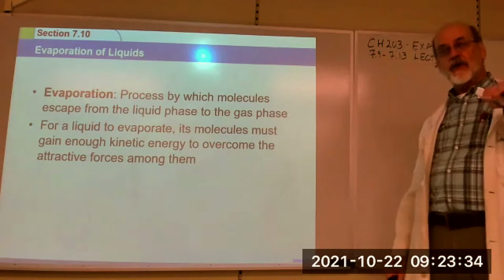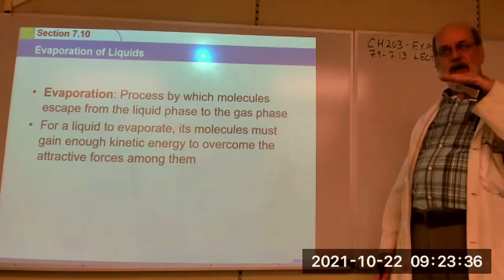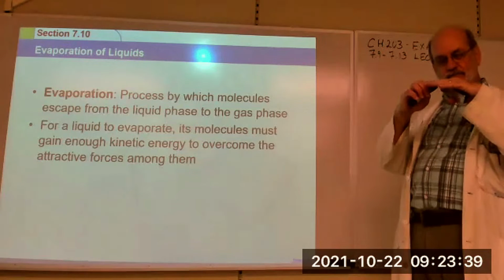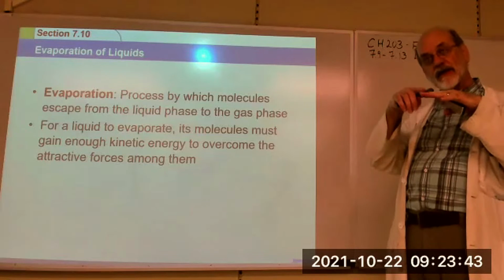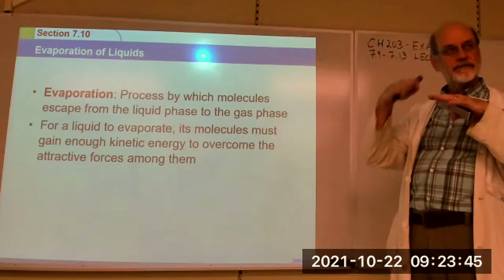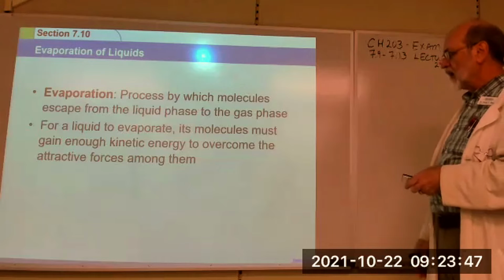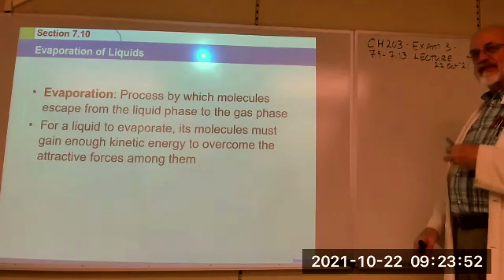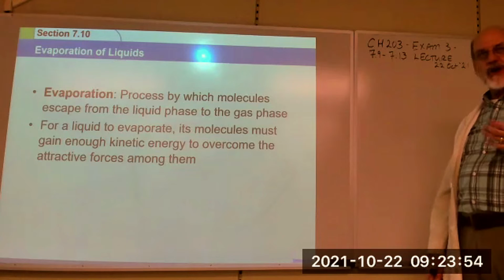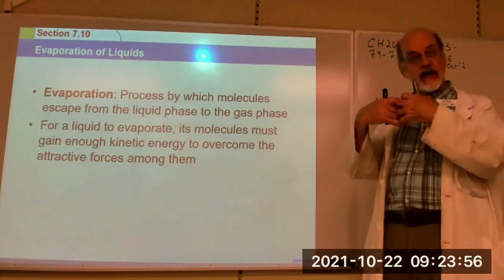So there's always a surface of the liquid. And depending on the liquid and the temperature, it's changing from liquid to gas at the surface and absorbing energy to do that. And it has to have enough energy to overcome any attractive forces that are holding the liquid together.